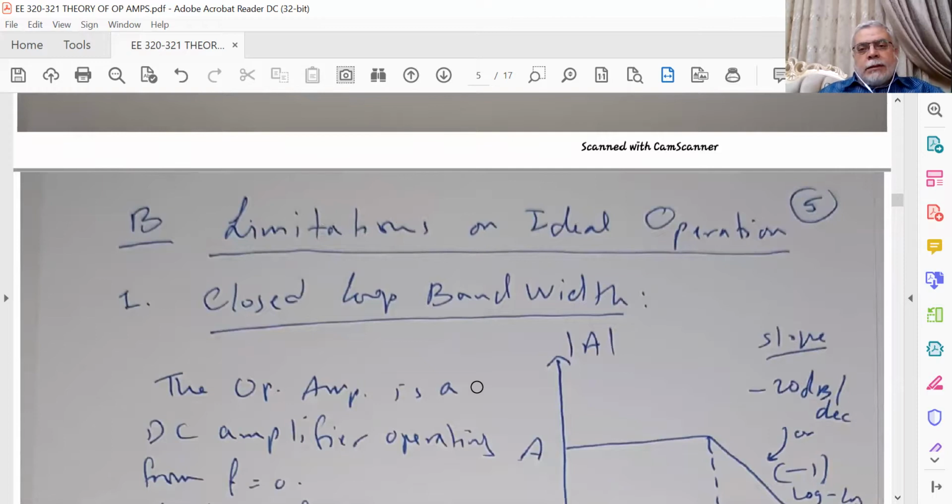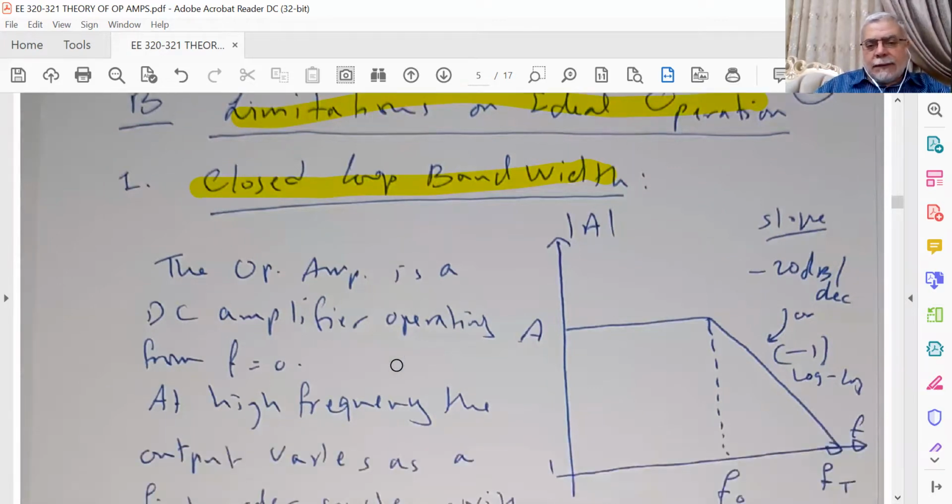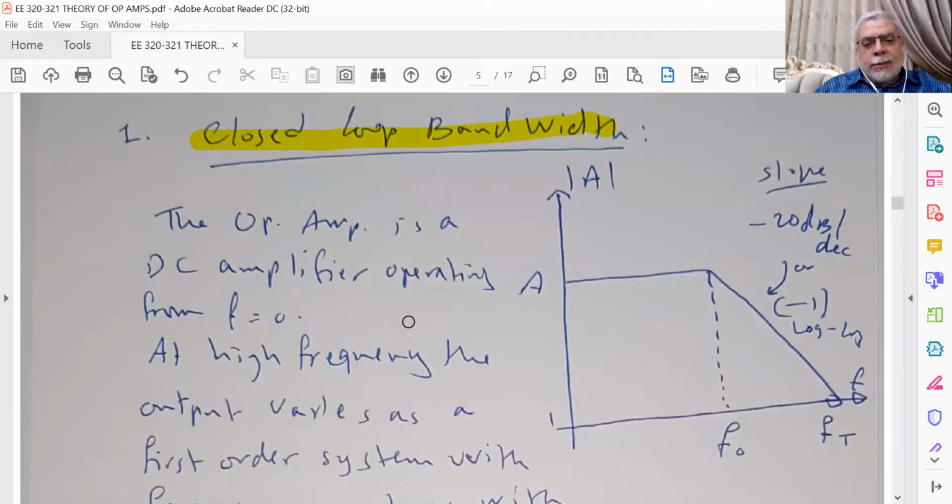Now, the ideal operational amplifier studied has a certain number of limitations. The most important of them are 3. The first one is the closed loop bandwidth, which represents the maximum frequency that can be operated in this circuit. The operational amplifier is a DC amplifier, so it operates from 0.